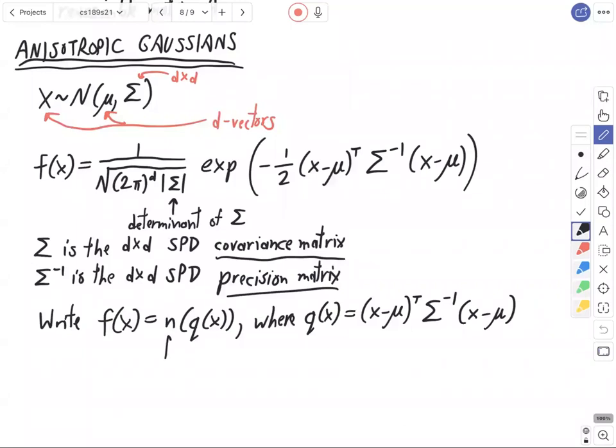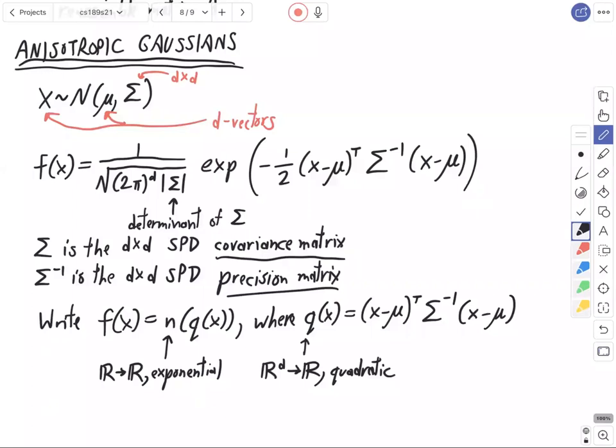So again, this n is just a scalar mapping, albeit it's where the exponential is, so that's kind of ugly. The q is where the vector stuff happens, so we're mapping a vector to a scalar, but this function is quadratic, so we've just spent this whole lecture understanding this quadratic expression and what its isocontours look like.